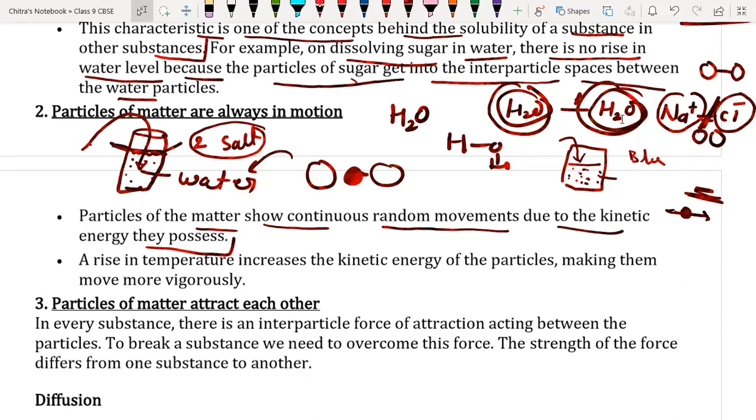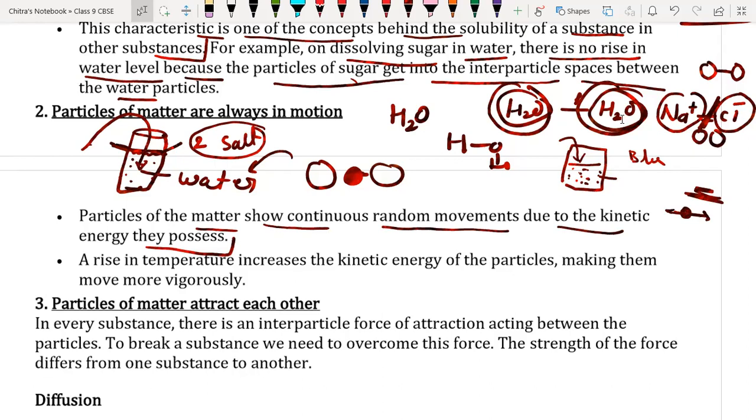Suppose you are heating any matter; the particles absorb energy, and their energy level increases. They always have a tendency to switch from a lower energy level to a higher energy level. This is the tendency of all matter and particles. They also collide with other particles and share energy.